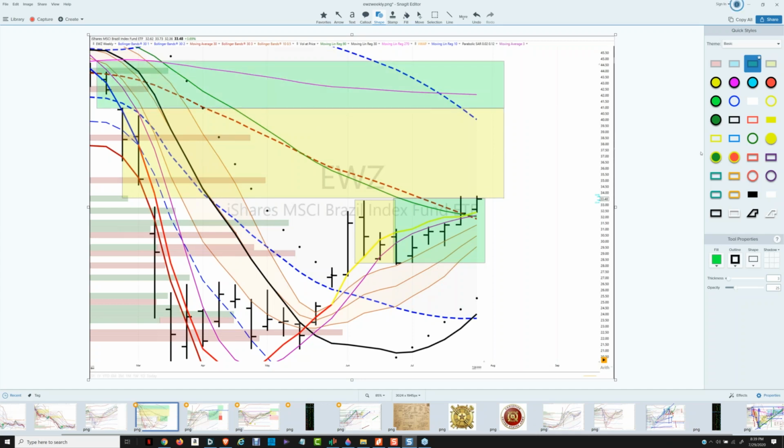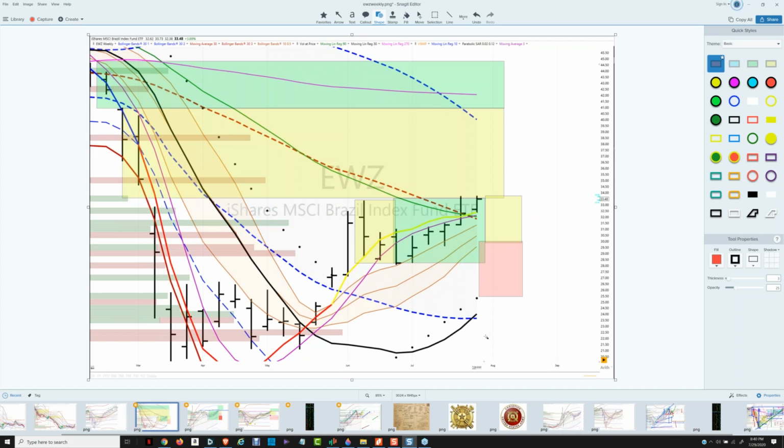It looks like that. So again, if I'm long Brazil, then I think I would probably be using the bottom of the dragon as my support space. But if the bottom of the dragon fails, I think then it's a test down to the PSAR.